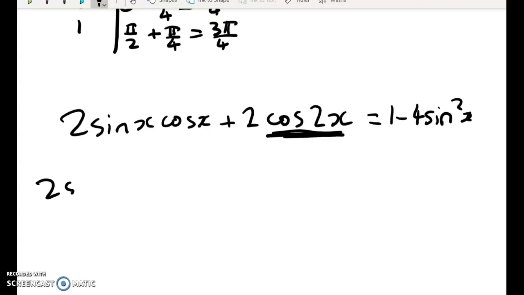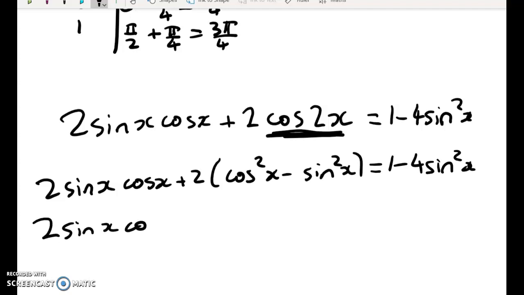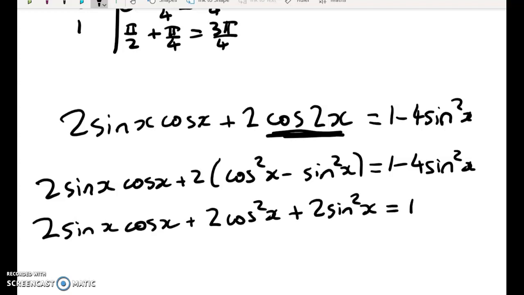Okay, so this time we've got 2 sine x cos x plus 2 times cos squared x minus sine squared x is equal to 1 minus 4 sine squared x. Cleaning that up gives me 2 sine x cos x plus 2 cos squared x plus 2 sine squared x equals 1.